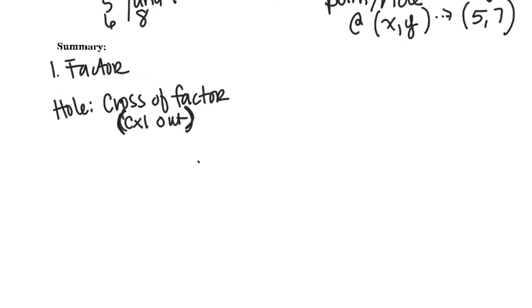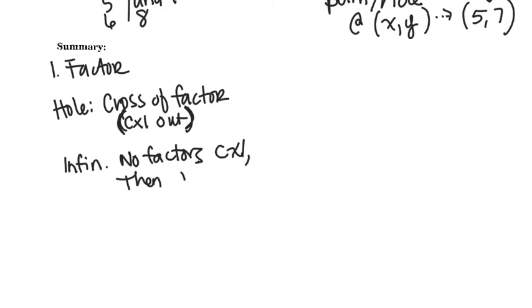If there's no crossing out, no factors cancel, then there's an asymptote. So after you factor, you look: did I cross something out? Did I cancel something out? There's a hole. Did nothing cancel out?